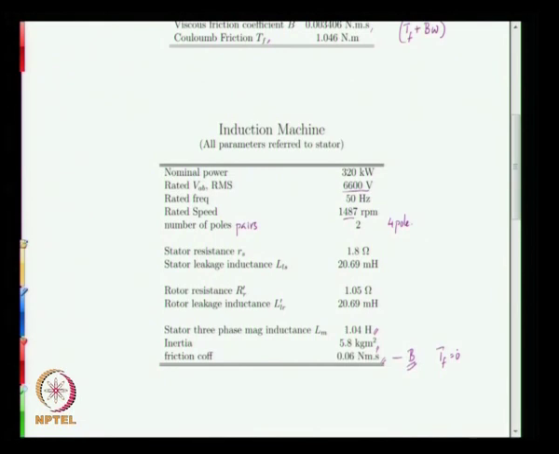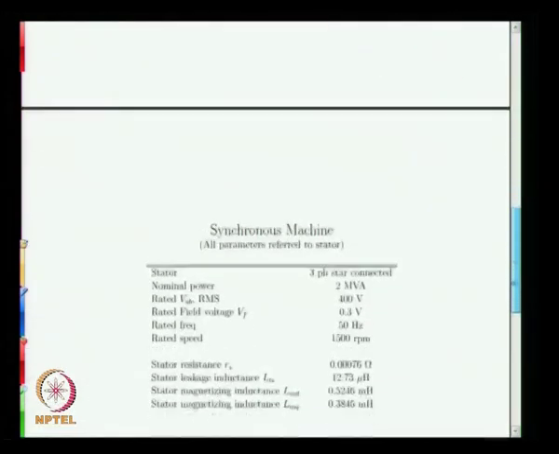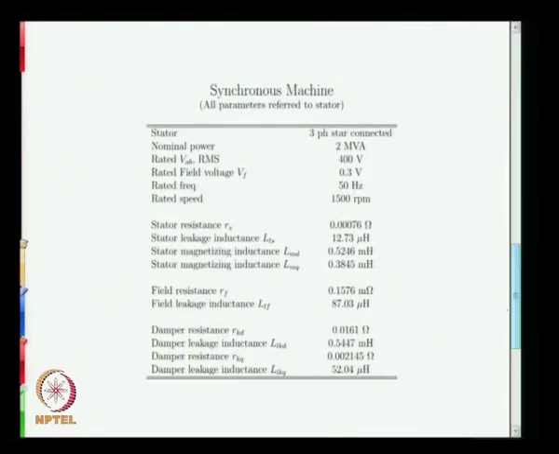So with this machine data one can now try to do the simulations, and then here we have data for the synchronous machine. This is indeed the synchronous machine that we had looked at for the numerical example on the full short circuit for the synchronous machine.